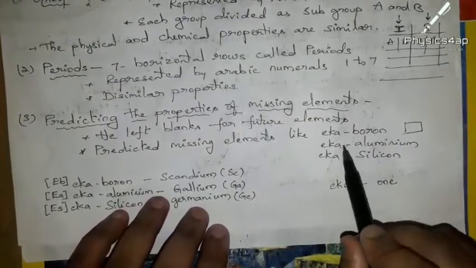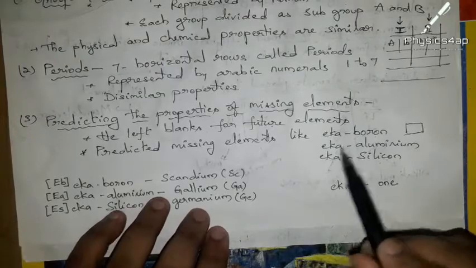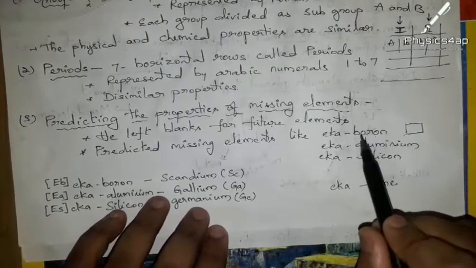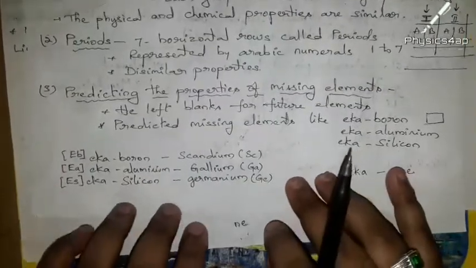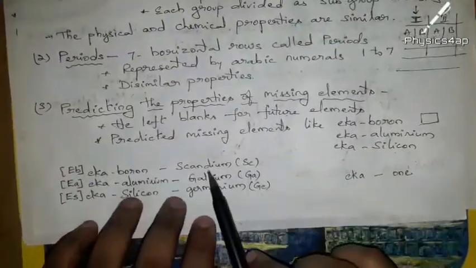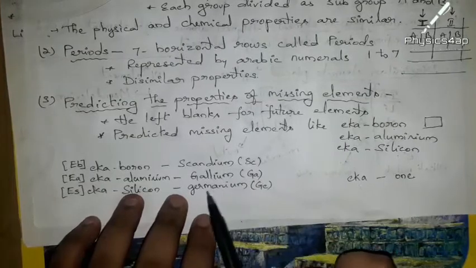He predicted that these elements would come later, and a few years later, in the modern period, the new elements were discovered: scandium, gallium and germanium.